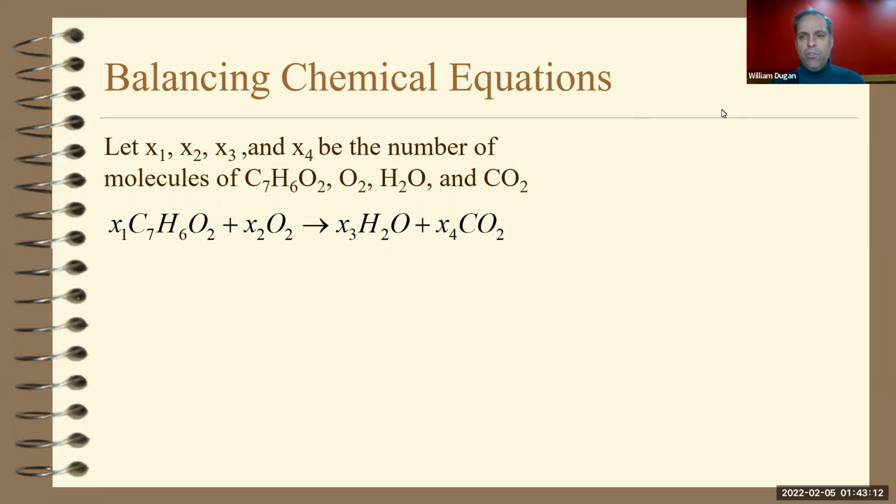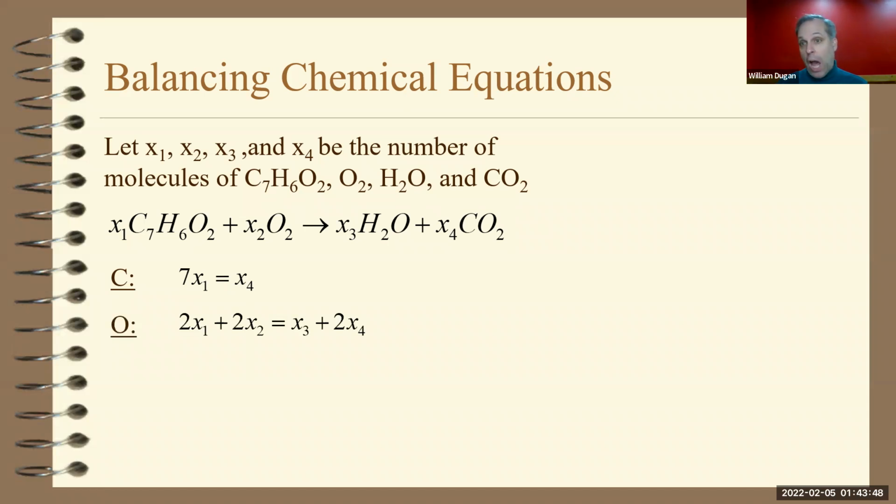Now, if you consider only the element C, which is carbon, and count the number of carbon atoms on the left-hand side and the right-hand side, you see that on the left, you'd have 7 times x1, and on the right, you'd have just 1 times x4. That equation then guarantees that we have the same amount of carbon atoms on each side, depending upon the number of molecules we have of these particular reactants and products.